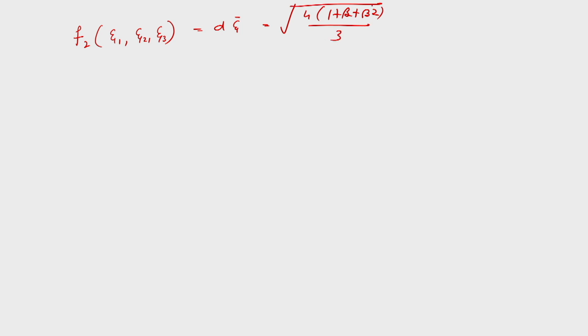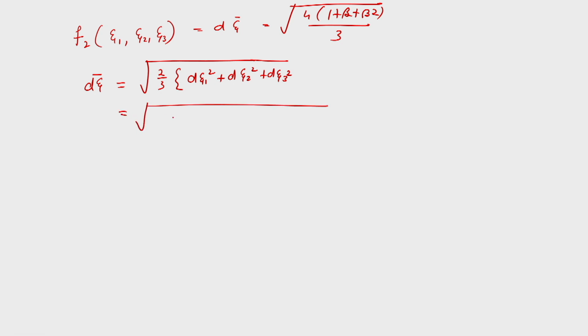Why? For the general state of stress, d epsilon bar is equal to 2 by 3 into d epsilon 1 square plus d epsilon 2 square plus d epsilon 3 square.